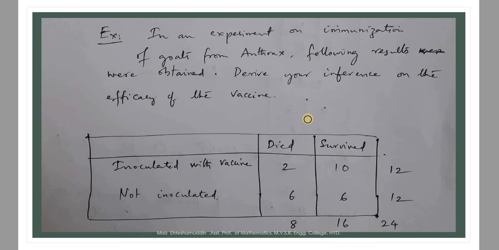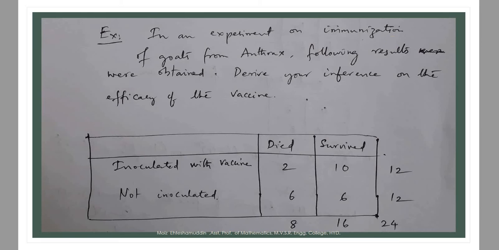Now here you have to understand that the situation is that there are two attributes: inoculated with vaccine, not inoculated. So totally there are 24 goats here. You need to understand that one.